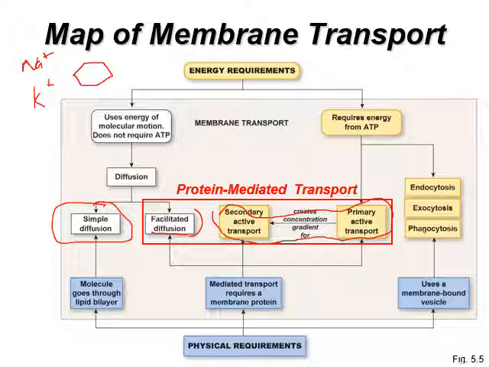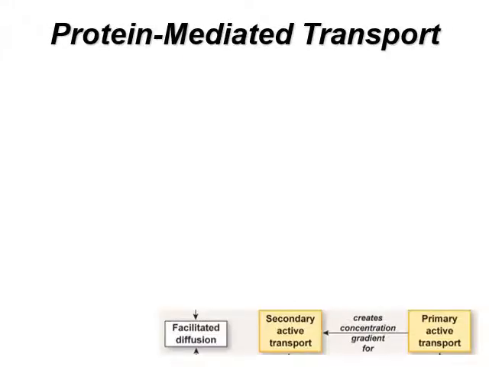It's coming from the kinetic energy of the molecule. Those molecules are bouncing around. The kinetic energy will never move the molecule from low concentration to high concentration. It will move the molecule from high to low, causing the diffusion. And in that case, the cell does not have to use energy.